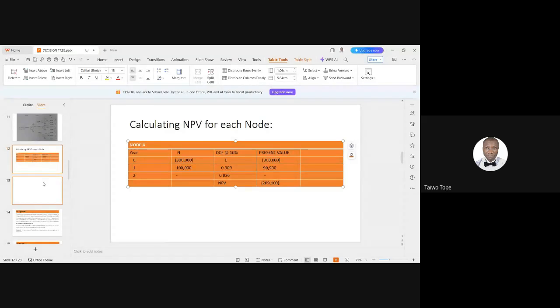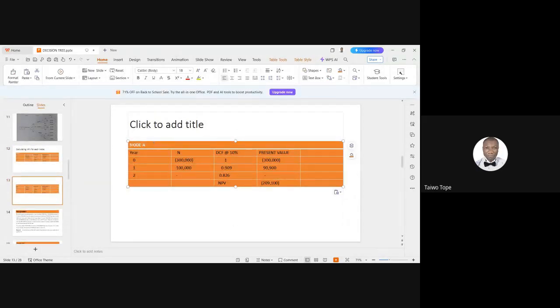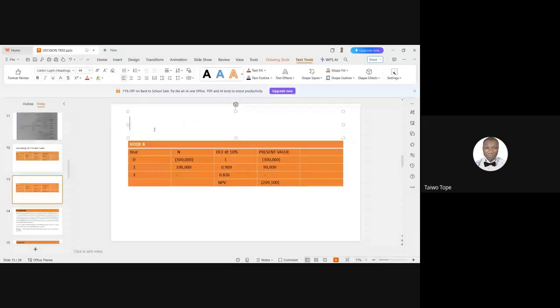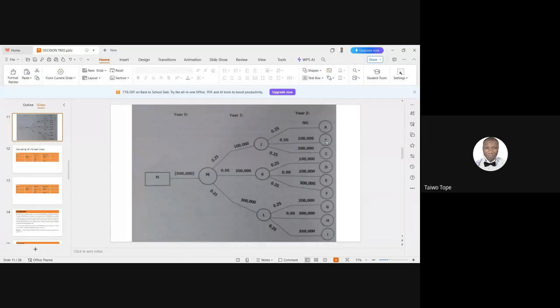Now for node B. For node B, year 0 is 300,000, right?